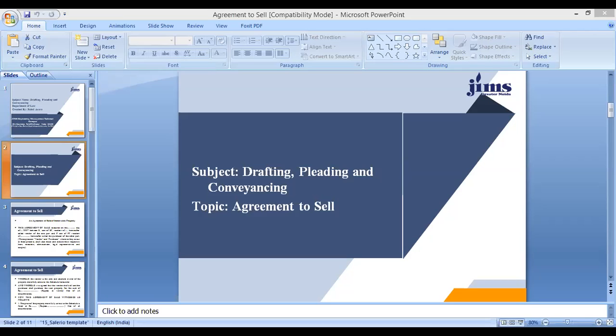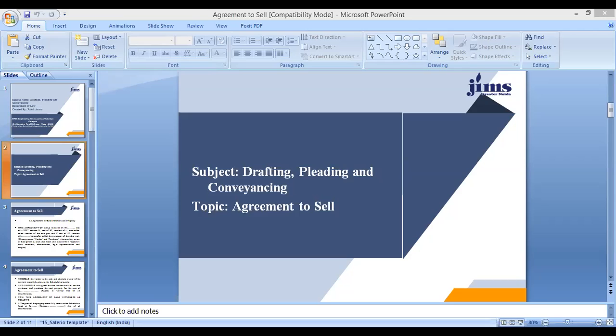As regards the law relating to movable property, the same has been laid down under Section 4 of the Sale of Goods Act, whereas the law relating to immovable property, that is with regard to agreement to sell and sale agreement, has been laid down under the Transfer of Property Act.